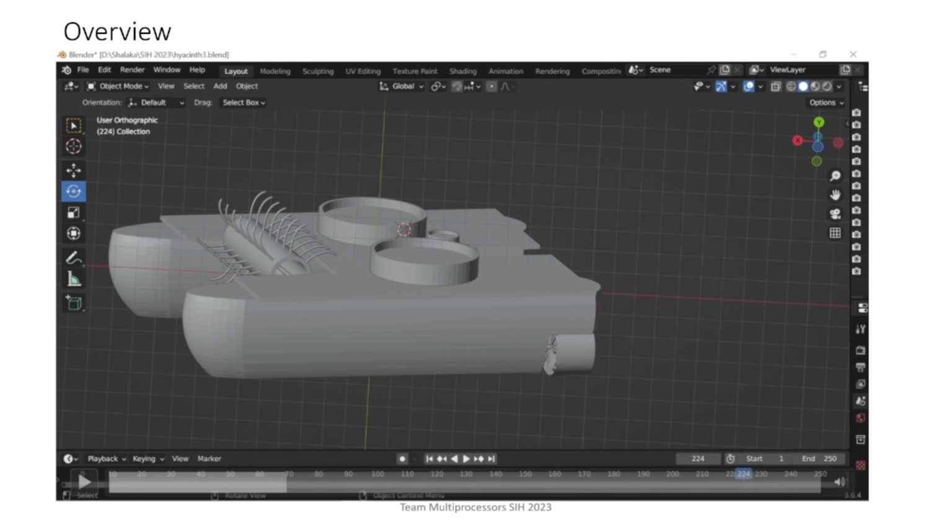To demonstrate, this is the direction in which the boat would be moving, as here is the propelling mechanism. The water hyacinth would be present here, and as the boat is moving in this direction and the scooping mechanism spins in the opposite direction, the water hyacinth would get scooped into this comb mechanism.